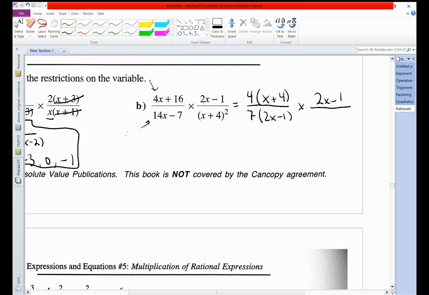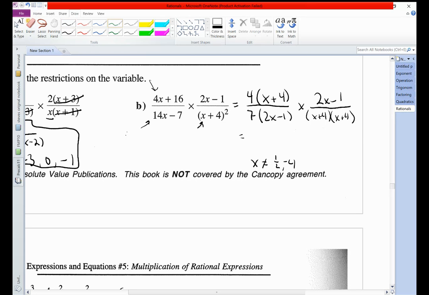And then over here we have x plus 4 squared, which means we're going to have x plus 4 times x plus 4. So now I can say that my non-permissible values are going to be x cannot equal 1/2 or -4. And I can start canceling things out.